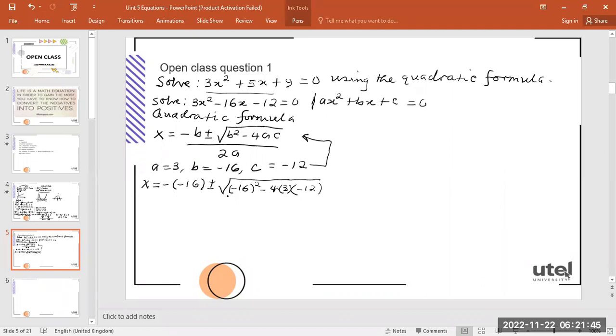Now everything is going to be divided by 2 multiplied by a, so we're going to have 2 multiplied by 3.